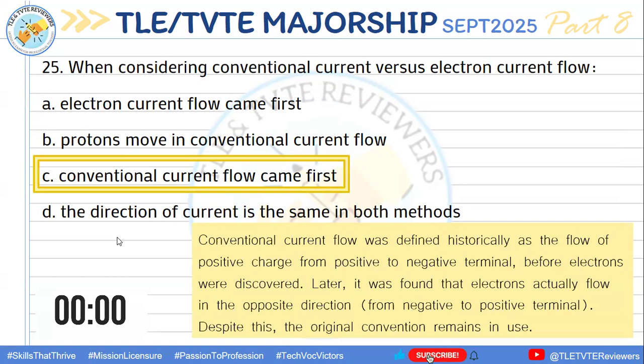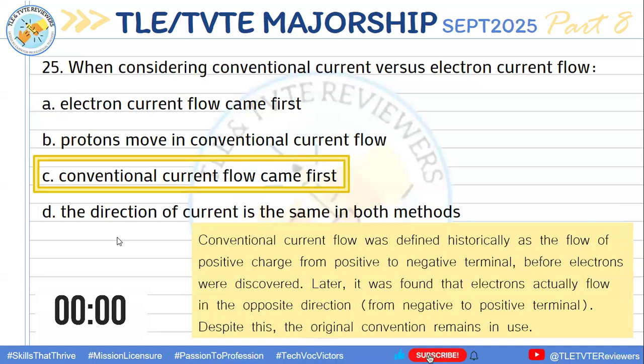For letter A, electron current flow came first. This is incorrect because conventional current flow was established first before the discovery of electrons. Letter B, protons move in conventional current flow. Still incorrect because protons do not move in typical circuits. Electrons are the actual charge carriers in conductive materials.